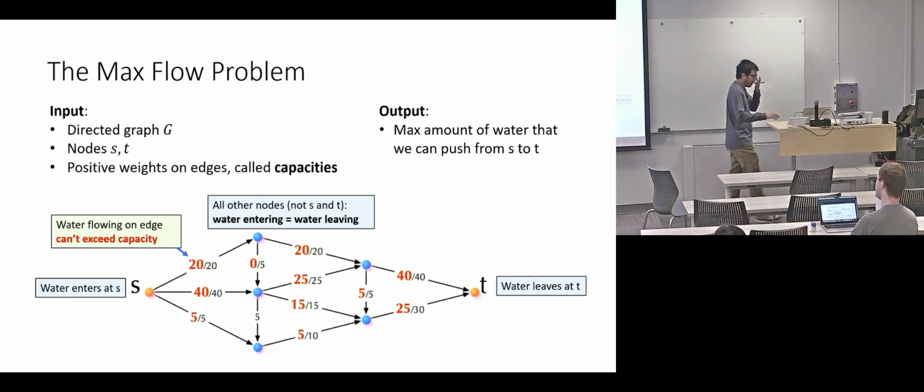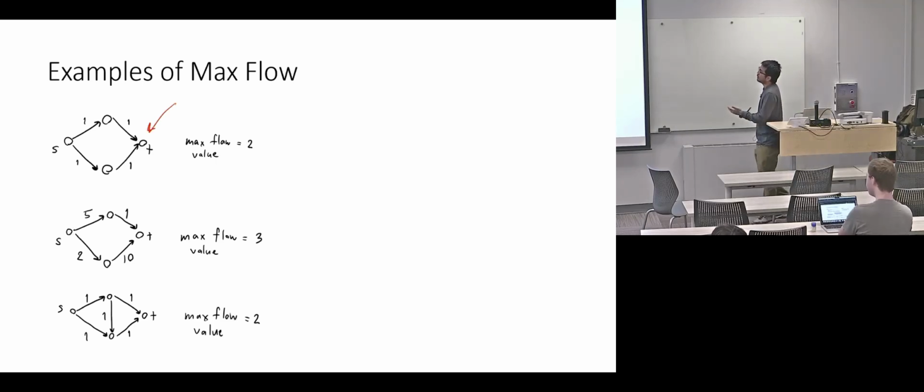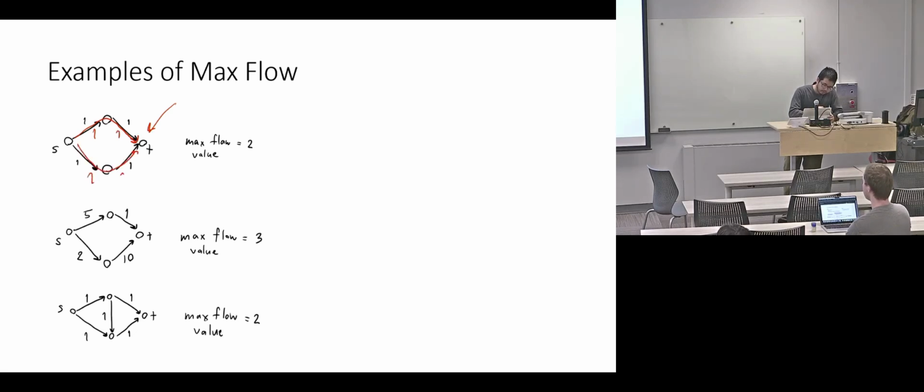Okay. So just to get some intuition, this is a simple graph. And you can see that in this graph, the max flow should be 2. How? Well, you can just send 1 unit of flow here and 1 unit of flow here.